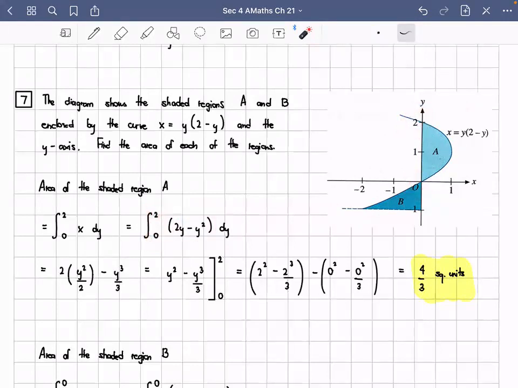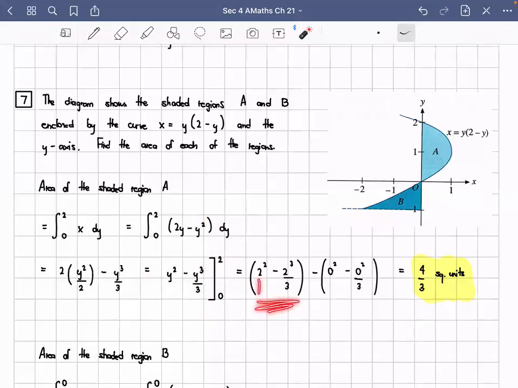So the answer here is y squared minus y cubed over 3. So the antiderivative of 2y is y squared, okay, came from here. And then negative y squared is negative y cubed over 3. Okay, again, it's plus 1, so it's y cubed over 3. So let's evaluate this now. So this is my upper limit.